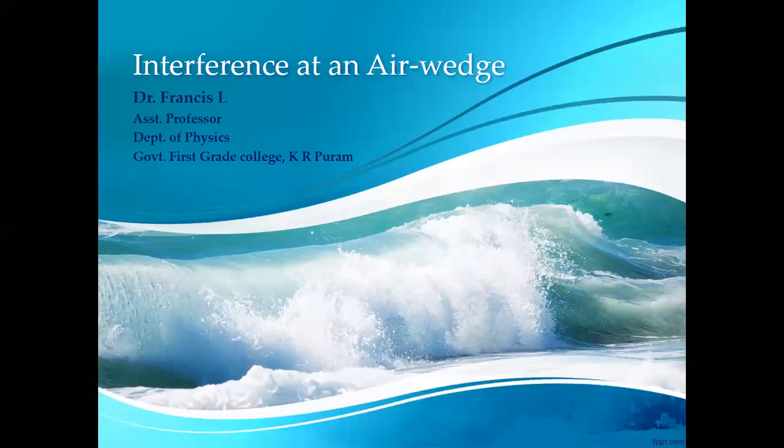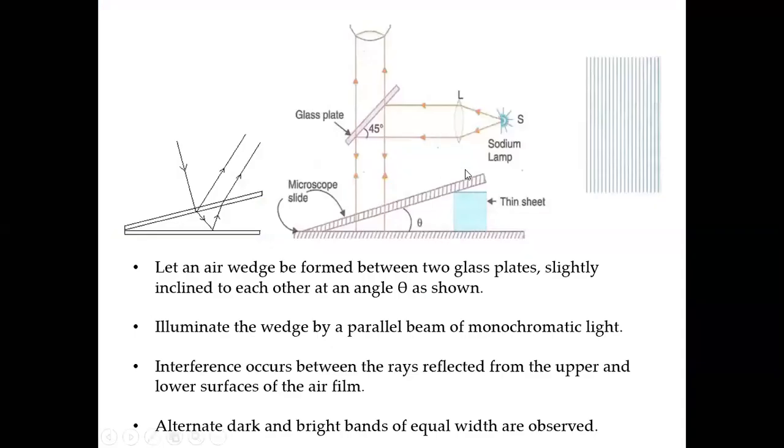We begin our class. So today's class would be on interference at an air wedge. Let's try to understand what an air wedge is. An air wedge comprises of an air film that is formed between two wedge-like inclined glass plates.